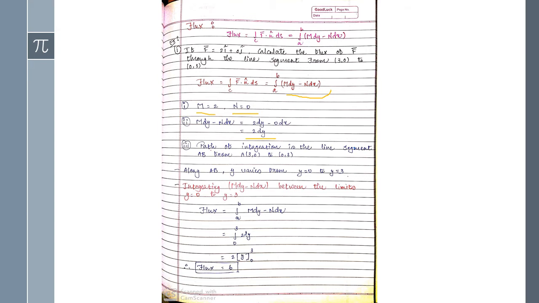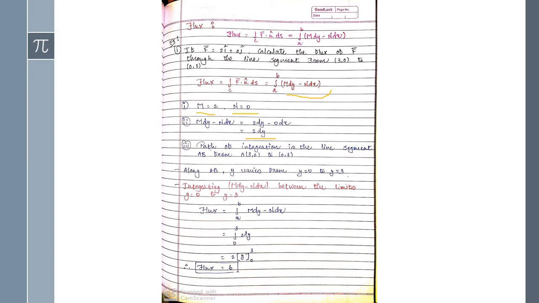Now the next step: the path of integration will be given in the question, such as some kind of curve. Here no curve is given, but two points are given. So the path of integration is the line segment AB from A (3,0) to B (0,3).